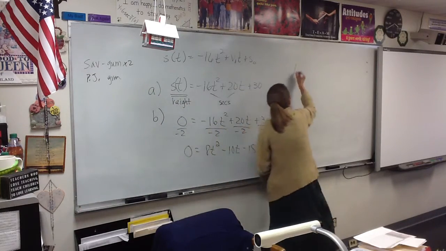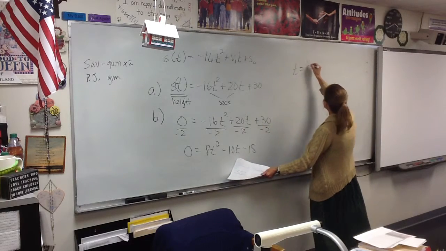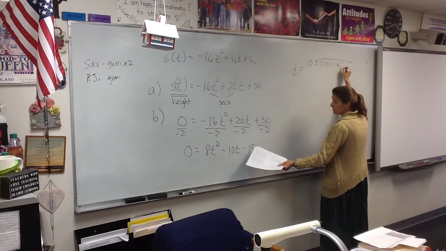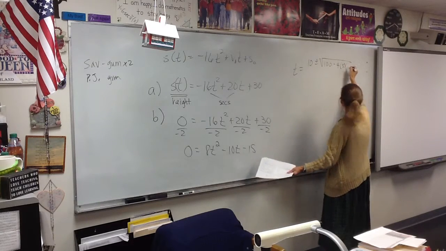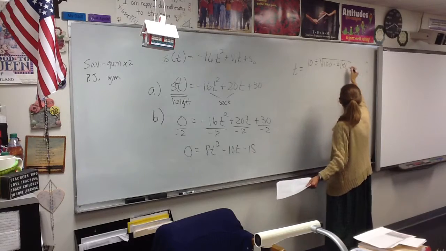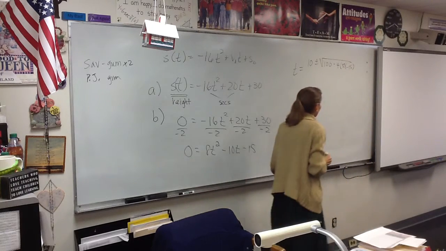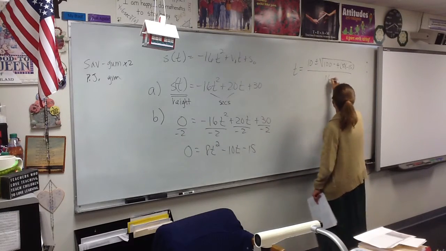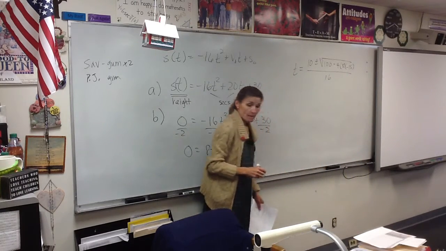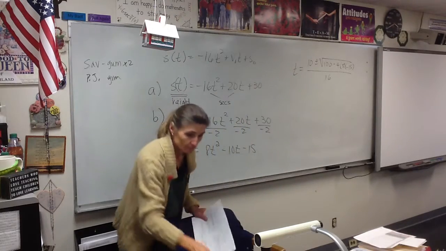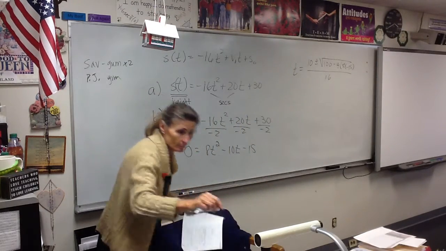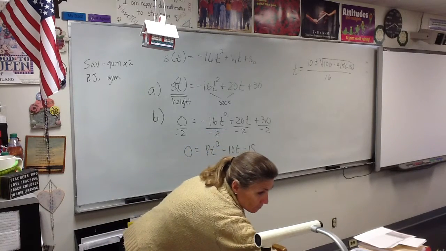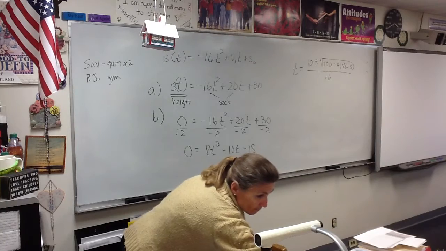So t equals negative b plus or minus the square root of b squared minus 4 times a, times c, all over 2a. Now you can use a calculator to help you with the arithmetic.